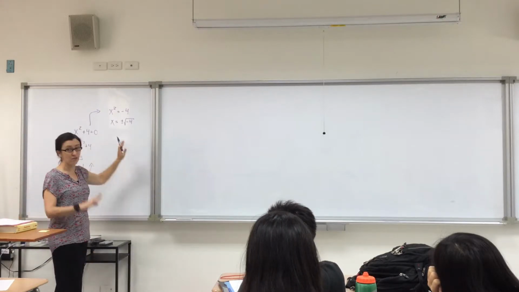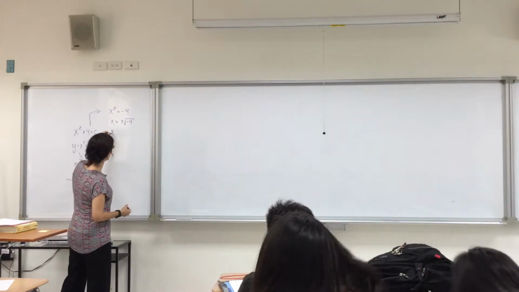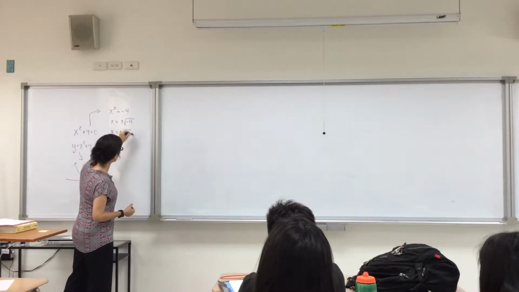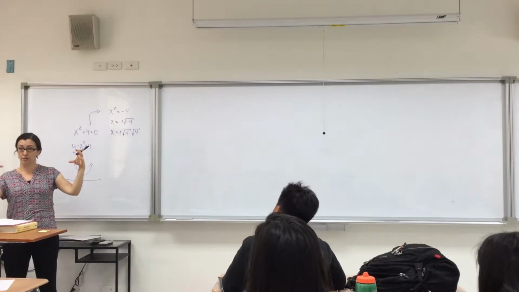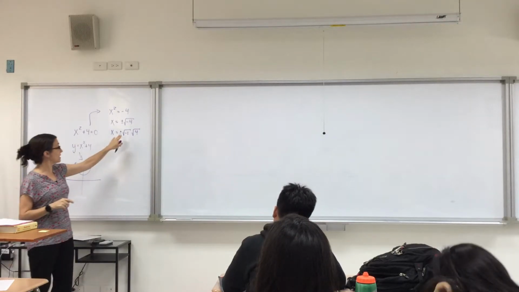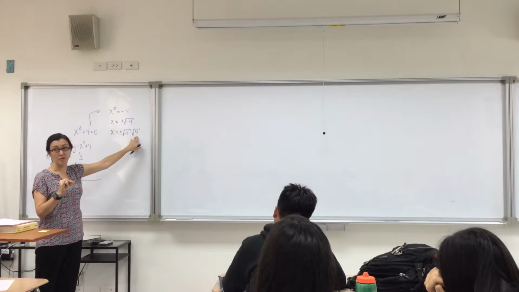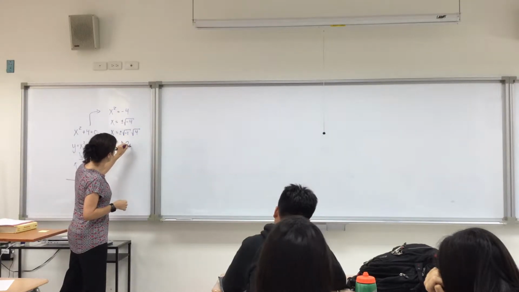I don't require you to show me all of this, but just to remind you, I could rewrite this as the square root of -1 times the square root of 4, right? You're allowed to put square roots together, multiply the things under it, or separate them. So this becomes i, this becomes 2, and the answer would be plus or minus 2i.